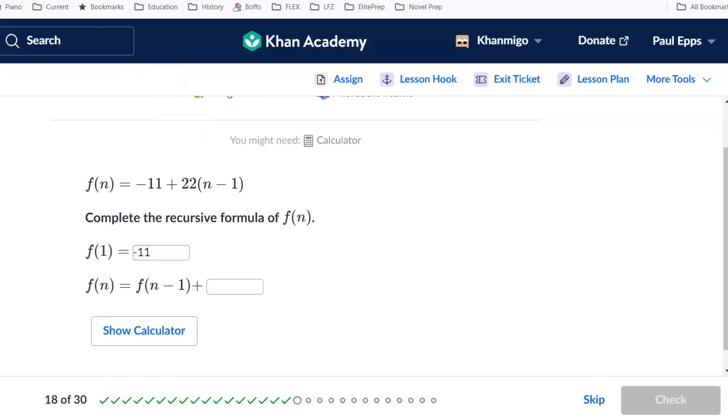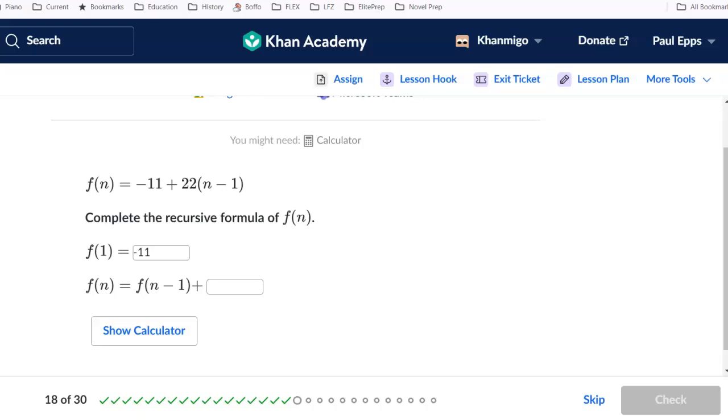If we look at the rest of it, we can plug some numbers in. If n is 0, we're always going to have the -11 plus 22 times -1, so we will subtract 22.